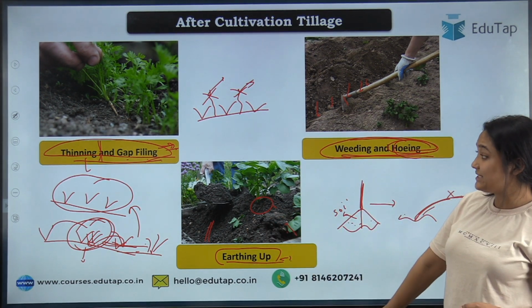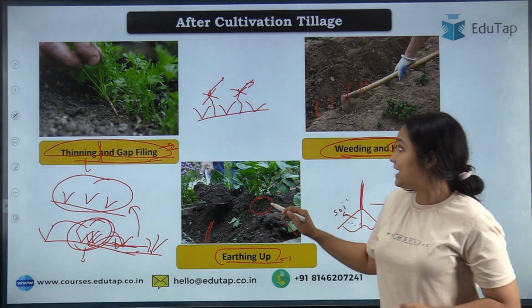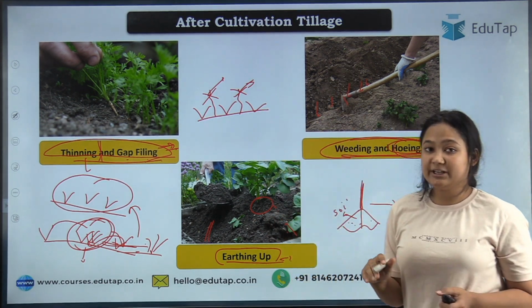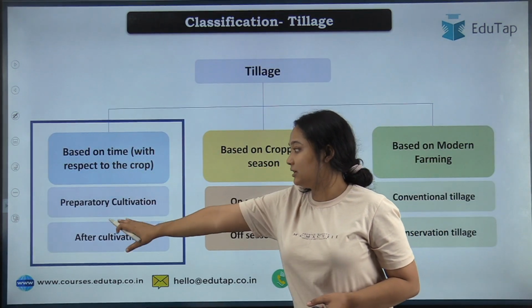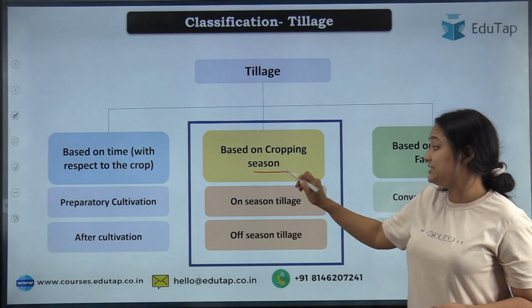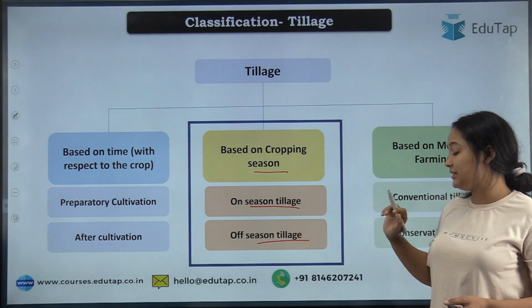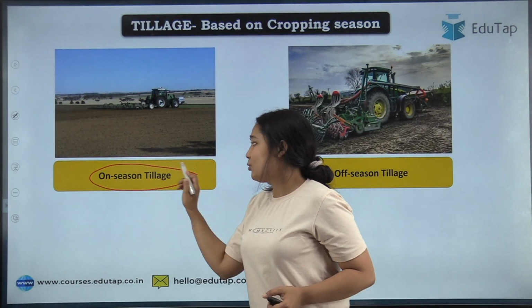So I hope everything is clear from the after cultivation tillage. Okay, so these three are the main ones in after cultivation tillage. Beside that, we have talked about tillage based on the time, preparatory cultivation and after cultivation. Now let's discuss based on season. There are on season and off season tillage. So what is on season tillage? See, it is quite easy.